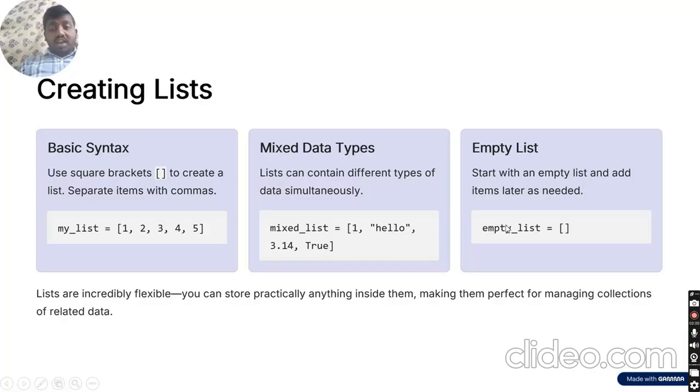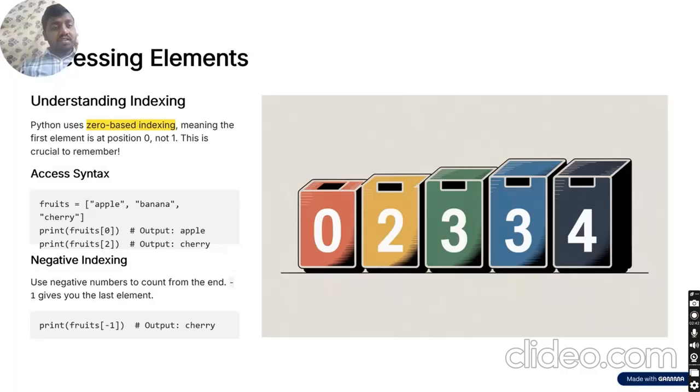We can also start with an empty list and add elements later, as the program needs. As a key point, lists are incredibly flexible and you can store practically anything inside them, making them perfect for managing collections of related data.